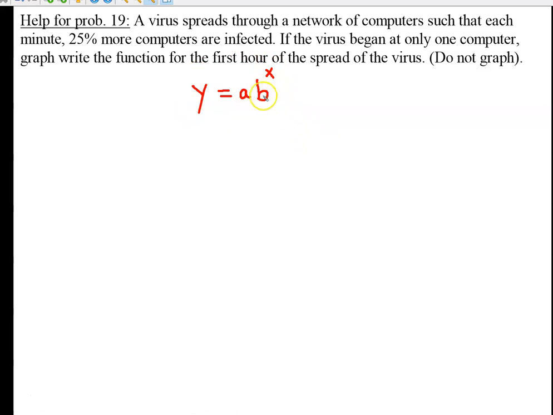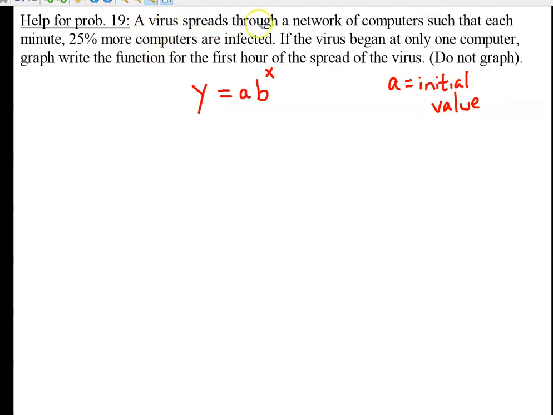Let's talk about what these letters represent. A is what we call the initial value. Let's go to this problem and see if we can figure out what that number is, called the initial value, in this particular case.